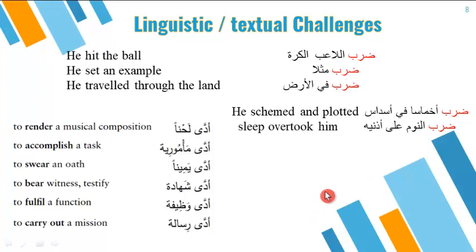This also takes place in Arabic. It's not only in English but also in Arabic. Let's take the example ضرب. ضرب اللاعب الكرة. The player hits the ball. Another example, ضرب مثلا, he set an example. ضرب في الأرض, he traveled through the land. ضرب أخماس في أسداس, he schemed and plotted. ضرب النوم على أذنيه, sleep overtook him.